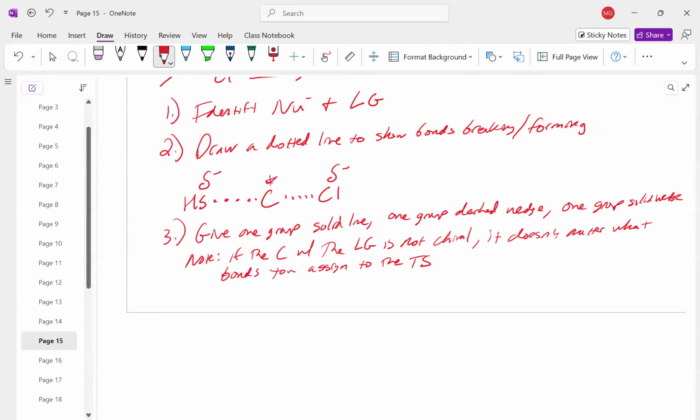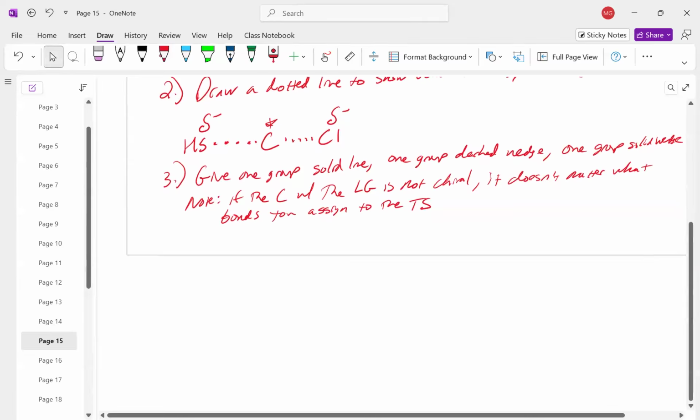Meaning, it doesn't matter which group you give the solid line, or which group you give the dashed wedge or the solid wedge, as long as it's not chiral. If it is chiral, then you just follow what the stereochemistry says. Whatever group has the solid wedge, you give it that wedge in the transition state. Whichever has the dashed wedge, that's what you give it in the transition state.